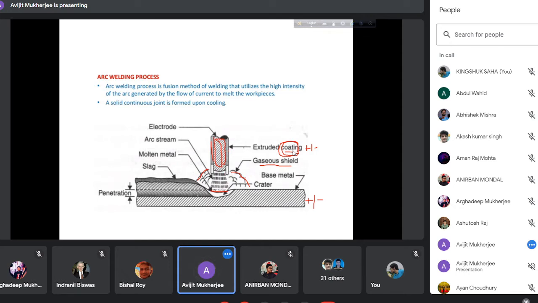The gas will be evolved and will create a shield, a protective envelope. Since this is a shield, a barrier has been created. As this shield is created, heat will be dissipated from the crater or molten pool at a very slow rate. Slow heat dissipation.